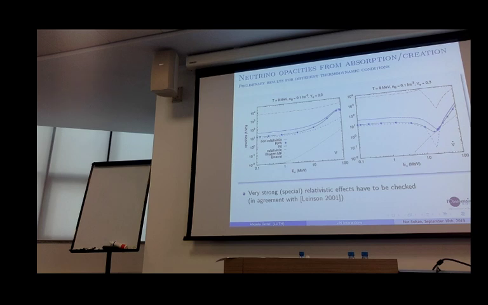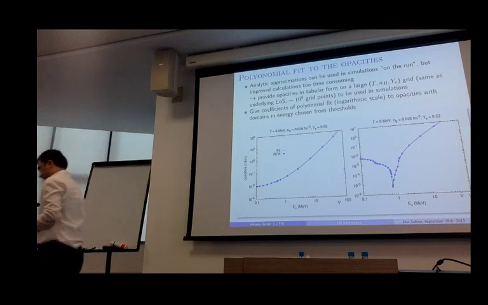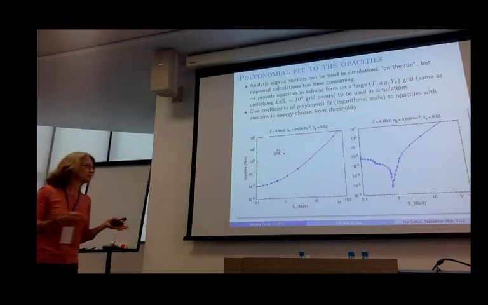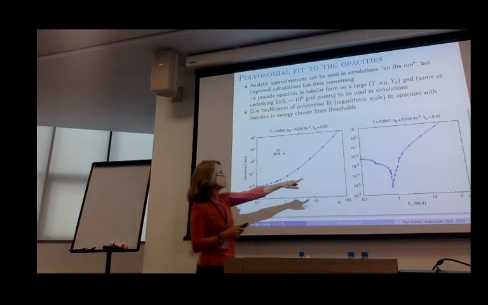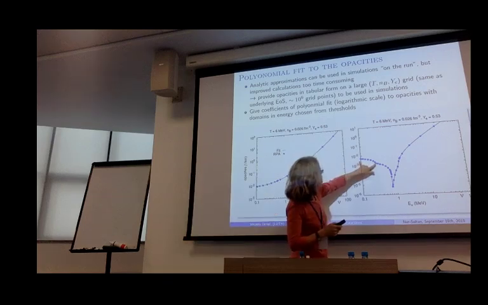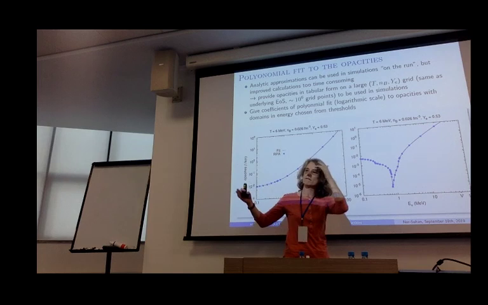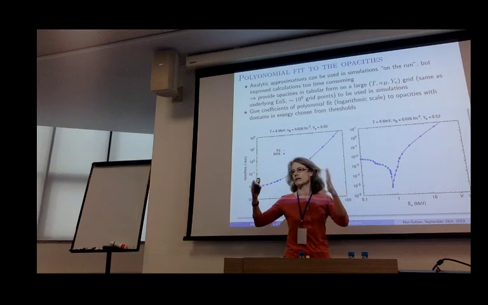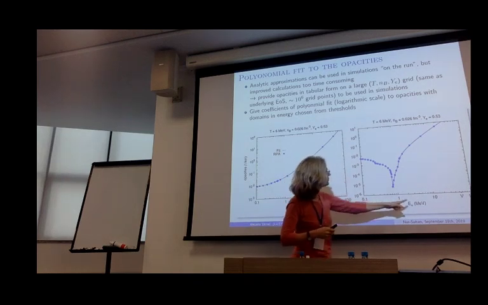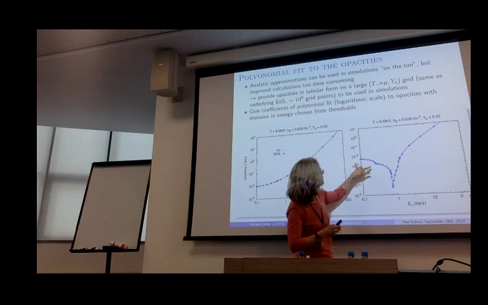It's a compromise you have to find between the precision of your fit and the size. You choose some energy domains, so it can be that for some temperature and some particular condition, as a function of neutrino energy, you have more than one domain.